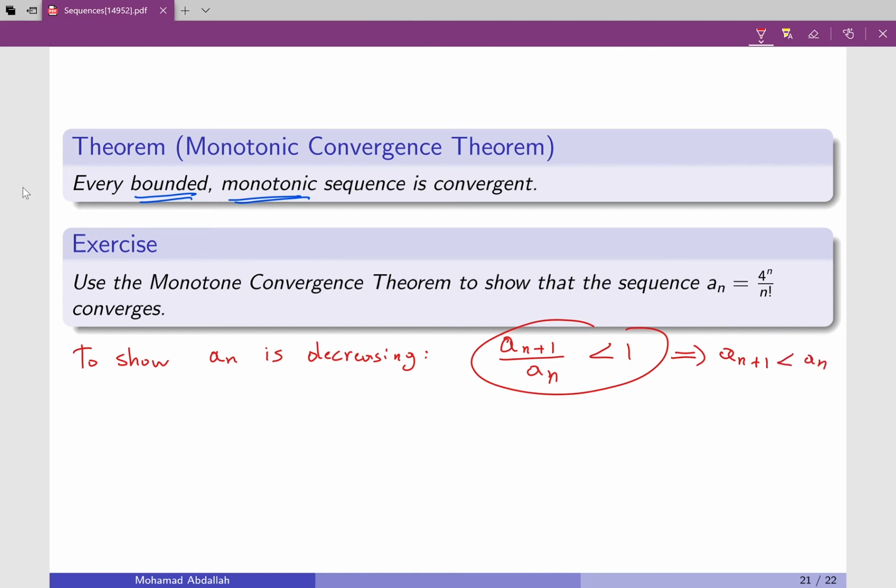That means when n is getting big, the terms are getting smaller. This is how you can show that it's decreasing. Just simple algebra here should be enough to give you this result.